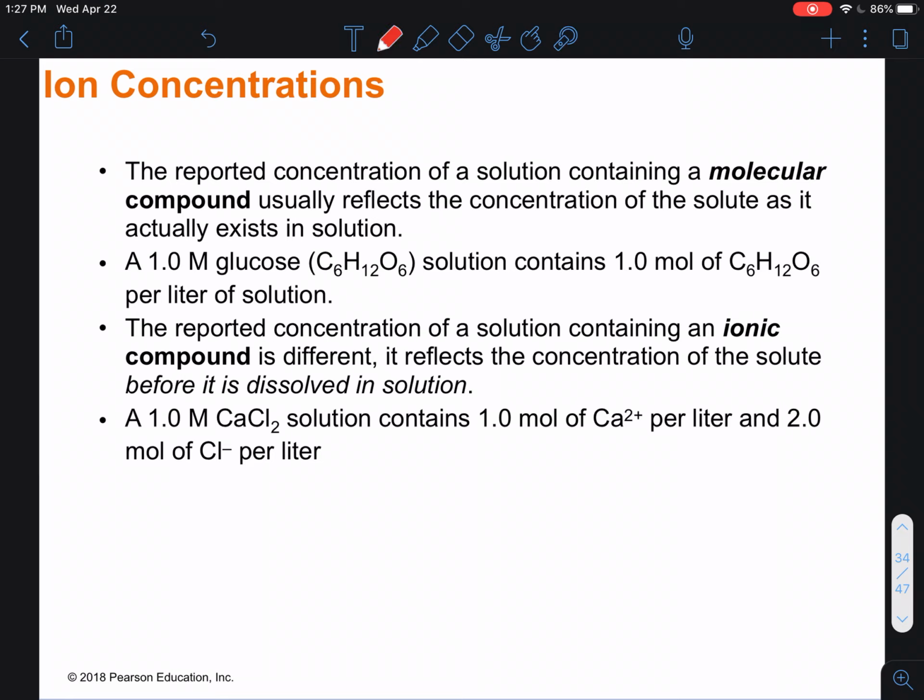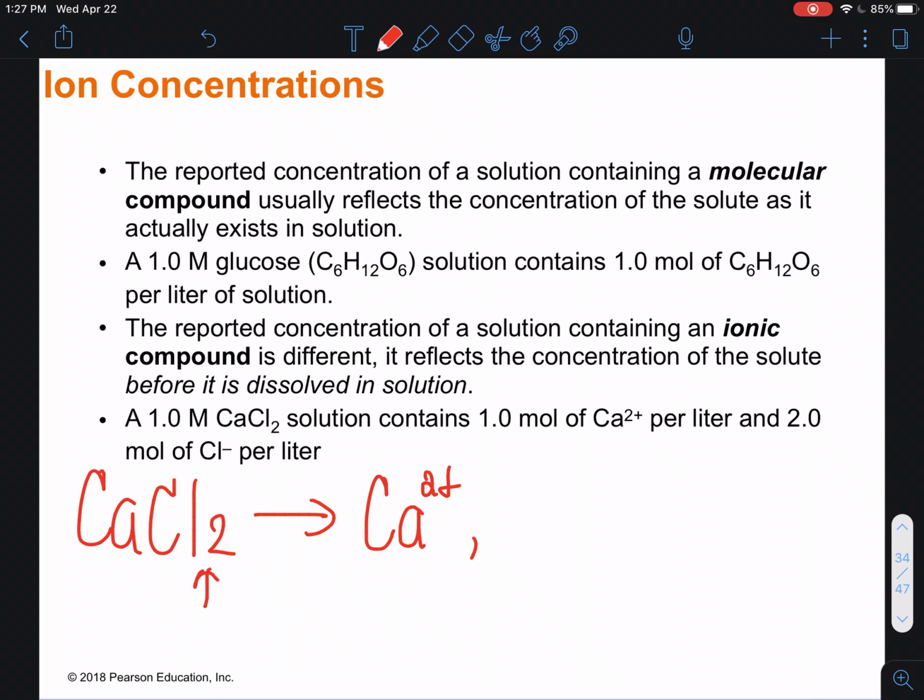So why 1 and 2? Well, remember, when this breaks up, it's just 1 mole of calcium, and because there are 2 chloride anions, it's going to be 2 Cl.